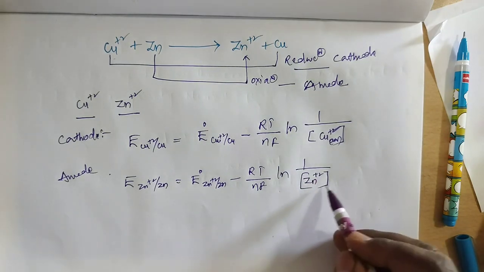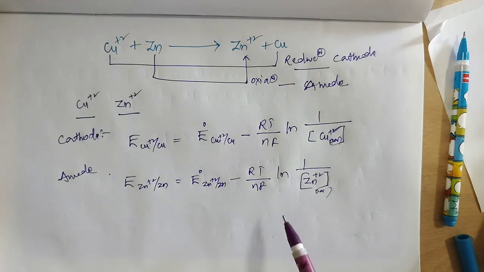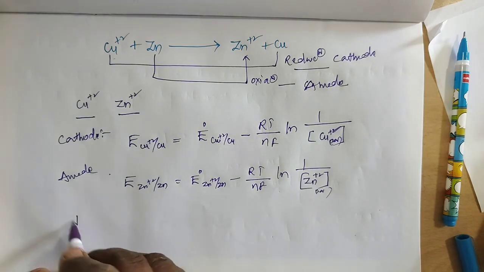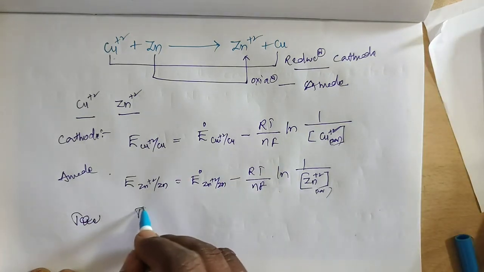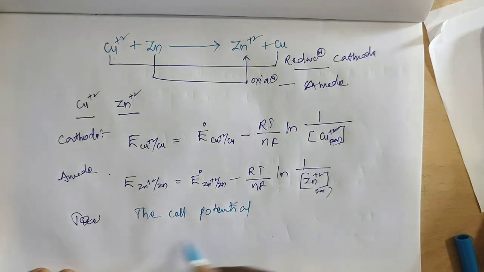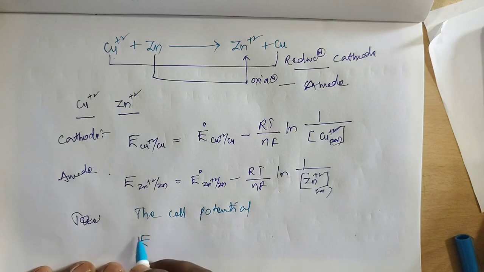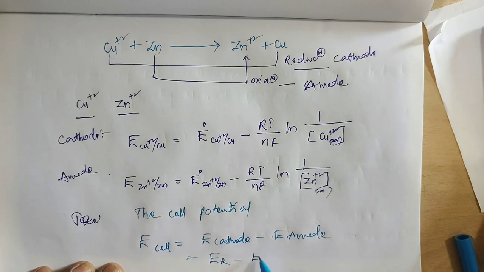This is also aqueous condition. This is for the anode. And the cell potential, E cell, equals E cathode minus E anode, or E right minus E left. We all know that one.